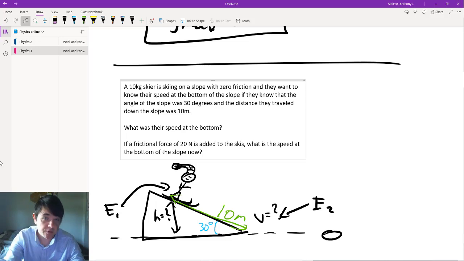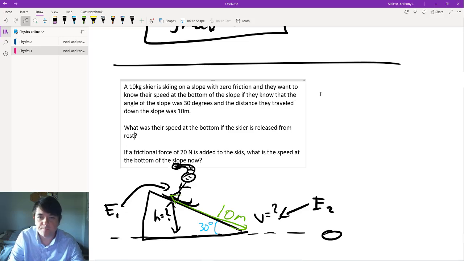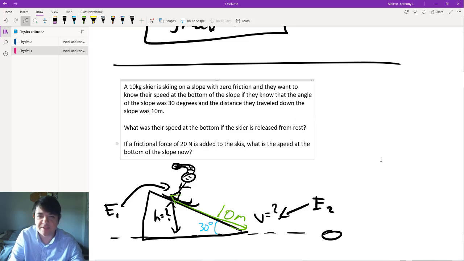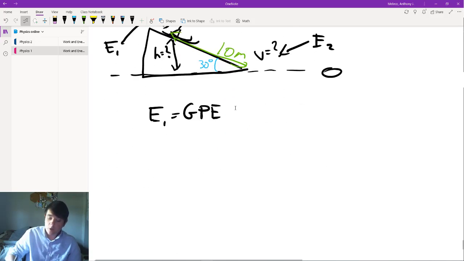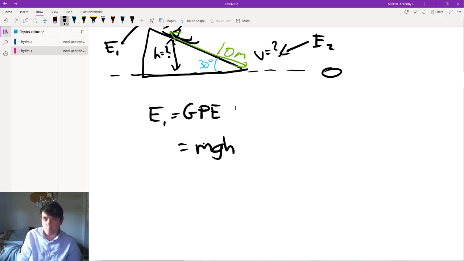I'll just be more explicit with it. The skier is released from rest. They'll be explicit if they're moving beforehand. So they only have gravitational potential energy. So that means mgh, right?